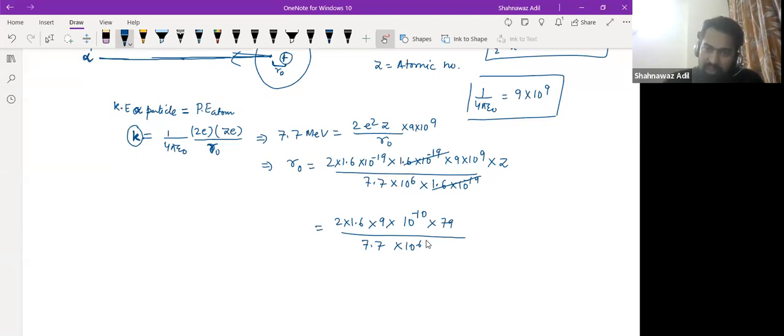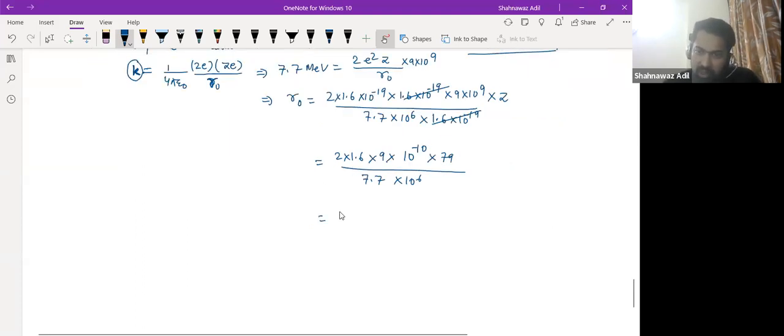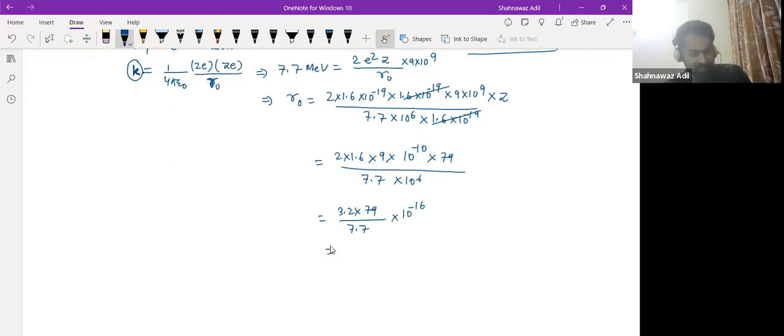So how much is this thing? This is 3.2 into 79 divided by 7.7, and this goes in the exponent, so this is minus 16, right? Okay, now I have to use the calculator.